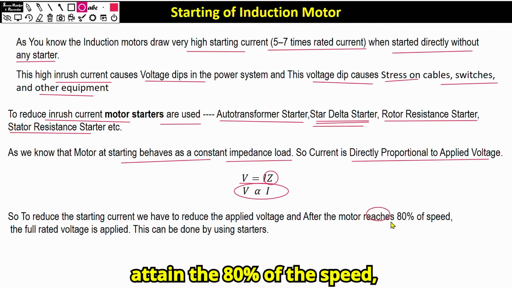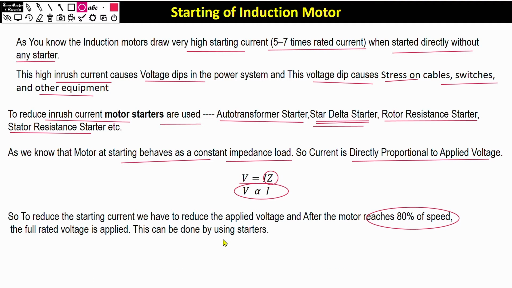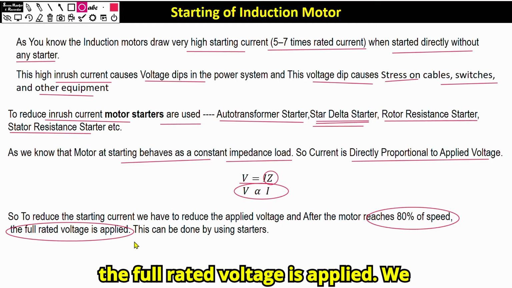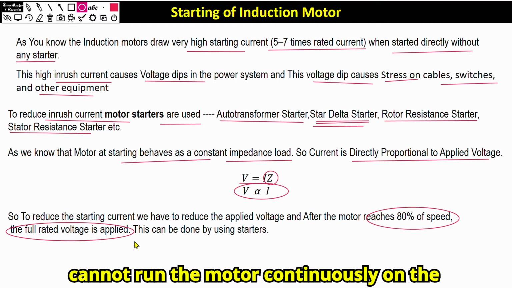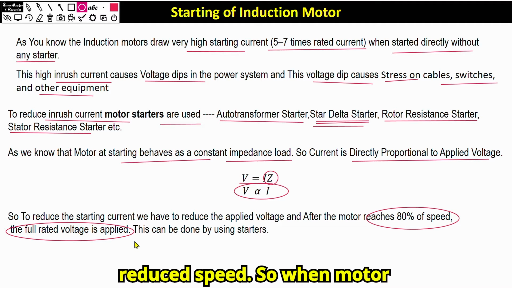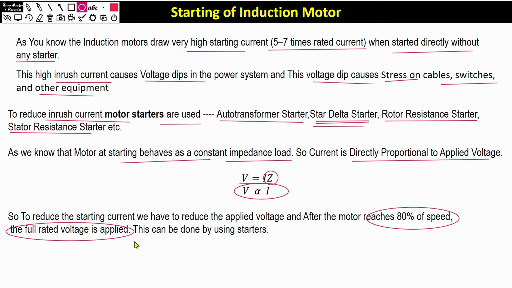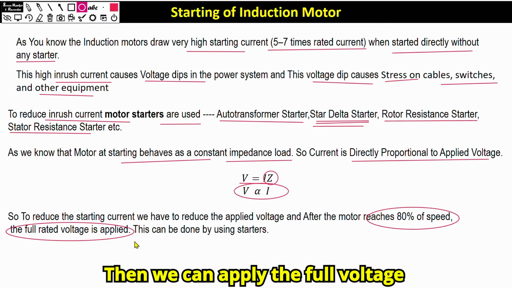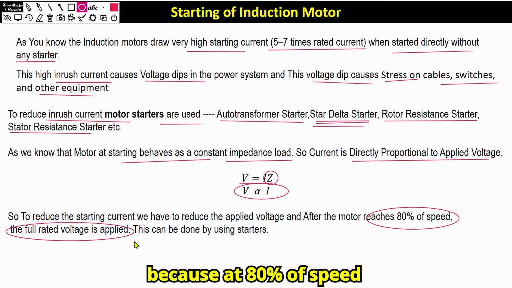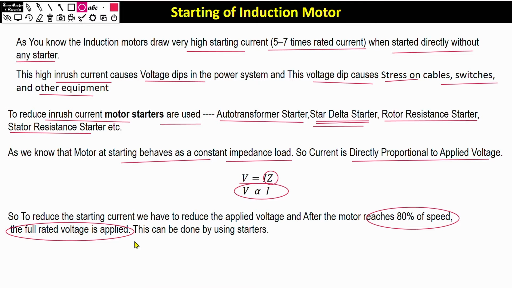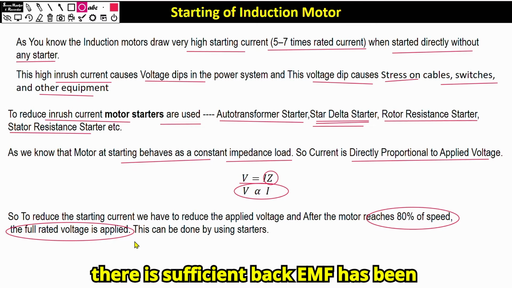When the motor attains 80% of the speed, the full rated voltage is applied. We cannot run the motor continuously on the reduced voltage. So, when the motor attains almost 80% of speed, then we can apply the full voltage, because at 80% of speed sufficient back EMF has been created.